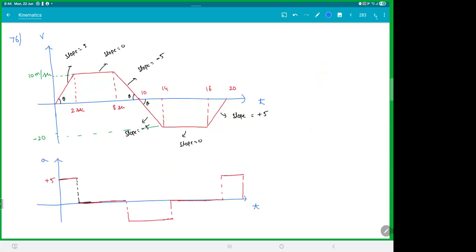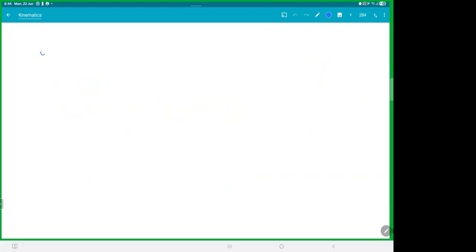I'll just tell you one thing. If you have an equation like this, y is equal to ax minus bx square. If you remember, this was the equation of trajectory, right, of a projectile motion. And how was this thing looking like? So if you actually put this on a graph, this is passing through the origin, and this is a parabola, like a dome kind of thing.